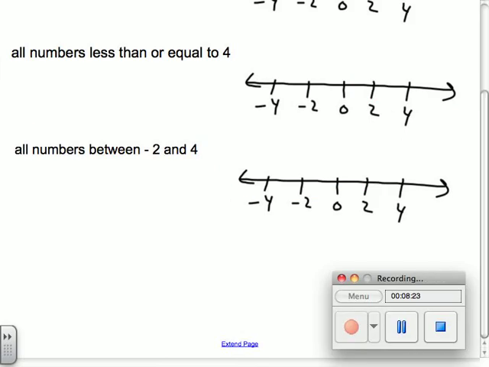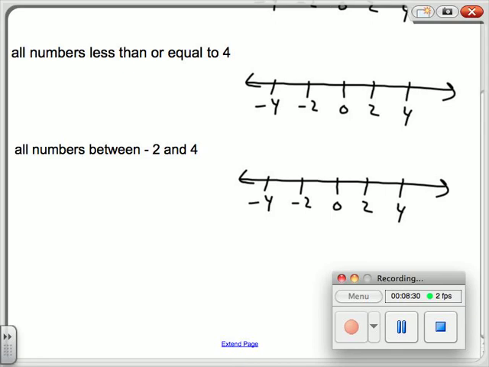Now it looks a little better. I want to show the numbers between negative 2 and 4. Since this doesn't seem to include negative 2 or 4, I will put a circle at negative 2. I will put a circle at 4, including all the numbers in between. I would just shade in those regions.